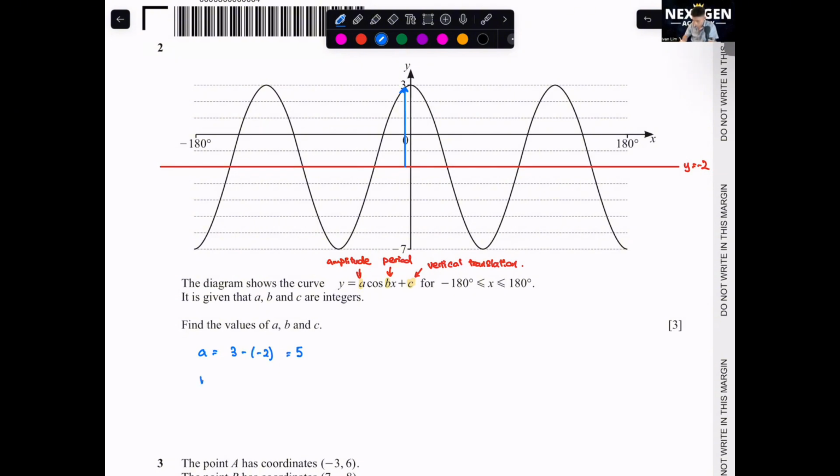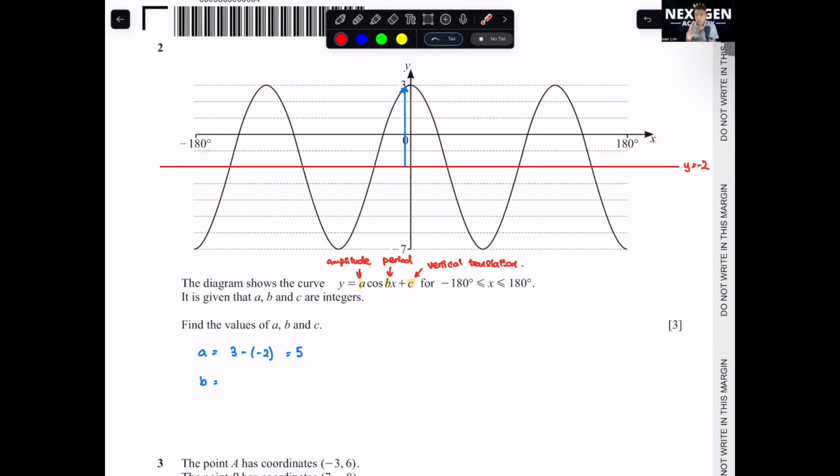Okay, b is period. Period, we also can see another thing. Okay, because this one, the period, not so nice, right? Normally we'll use period equals 360 degrees divided by b, right? Another way that we can see it is like this. You see, this is 360 degrees. See? Negative 180 to 180 is 360 degrees.